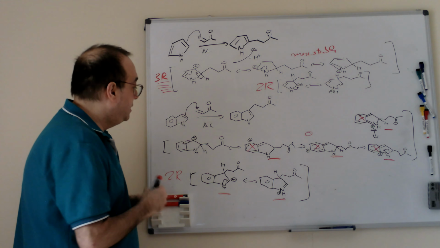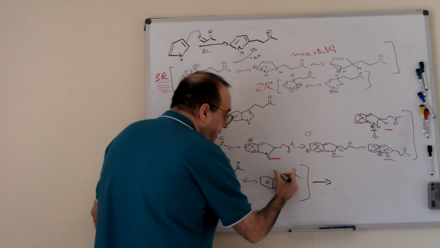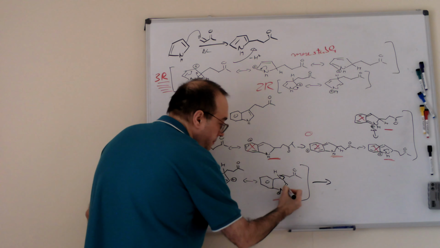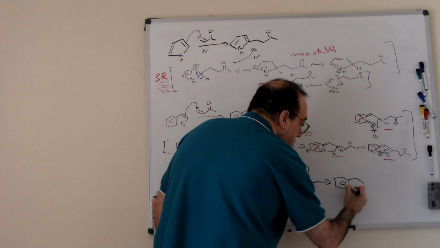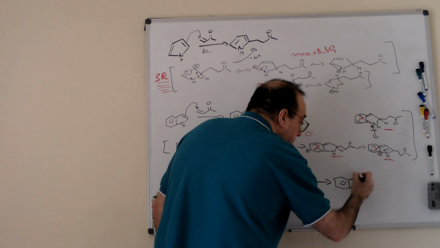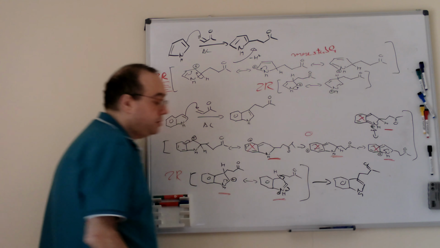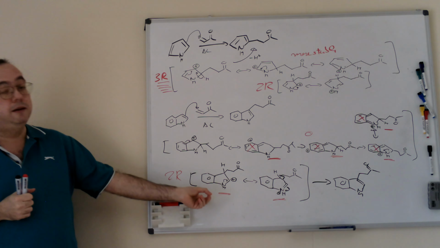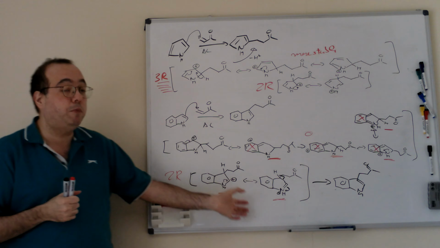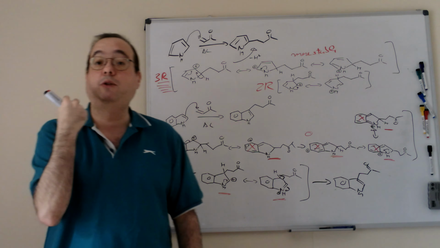That means that C3 of the indole will give us, after elimination, the final product. Why? Because it's the regiochemistry that gives us the most stable carbocationic intermediate, because we have 2 resonant forms.